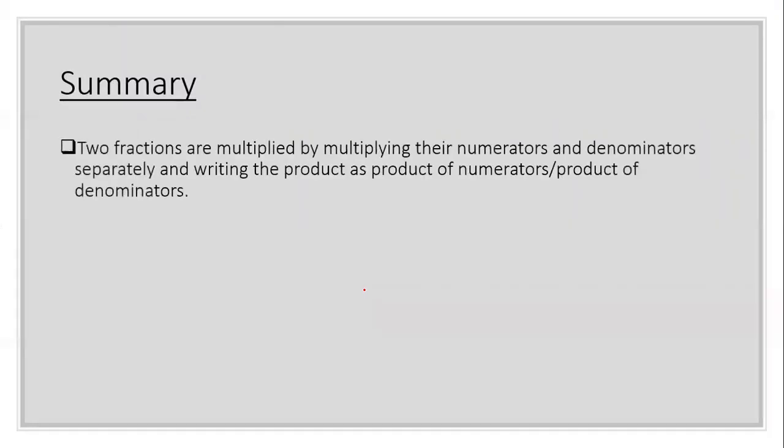Children, let us summarize what we have learned today. Two fractions are multiplied by multiplying their numerators and denominators separately and writing the product as product of numerators divided by product of denominators. A fraction acts as an operator of.